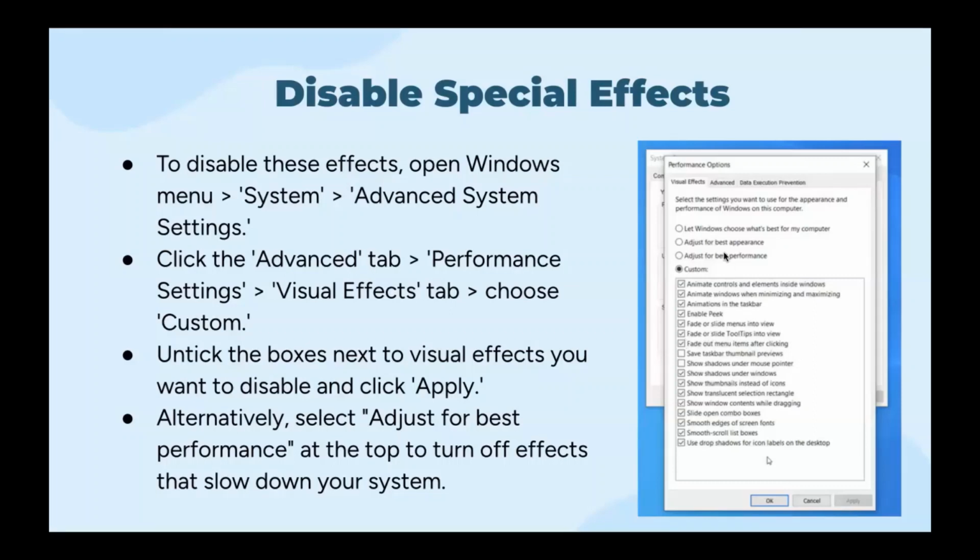You can untick the boxes next to visual effects you want to disable, and then click Apply. Alternatively, select Adjust for best performance at the top to turn off effects that slow down your system.